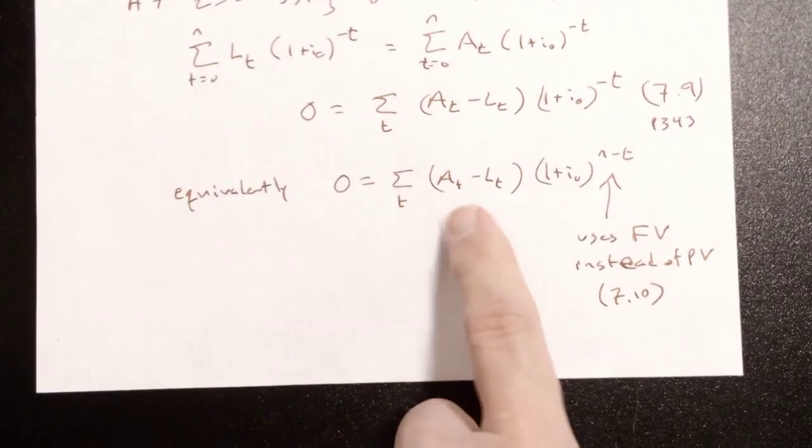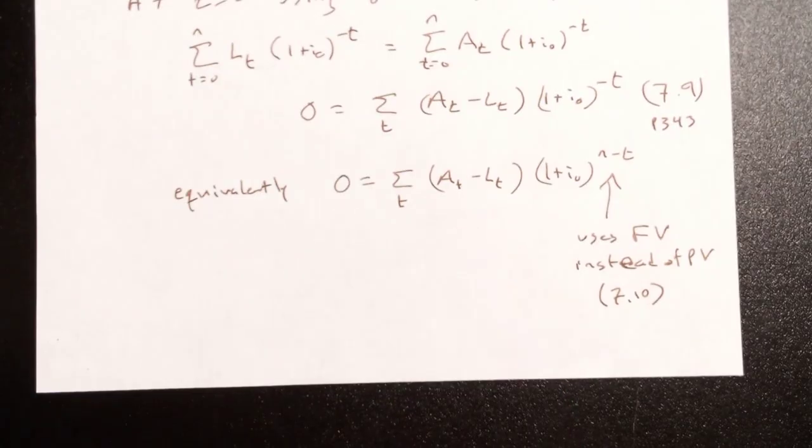I can think of A minus L as either a deposit or a withdrawal, some sort of line of credit behavior. Like I did in that last version with the borrowing 1 and borrowing 1 and getting 2.1 at the end.